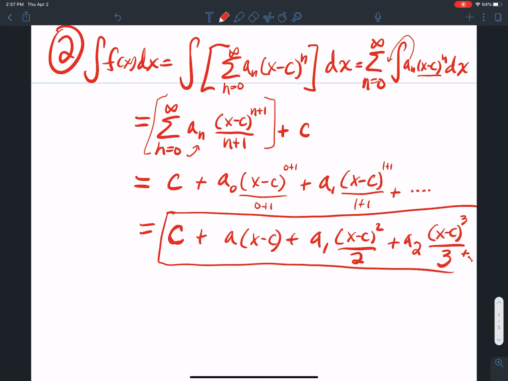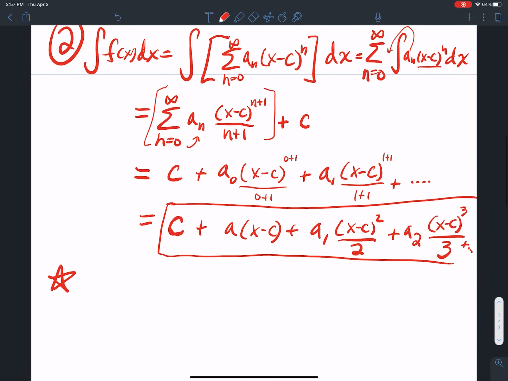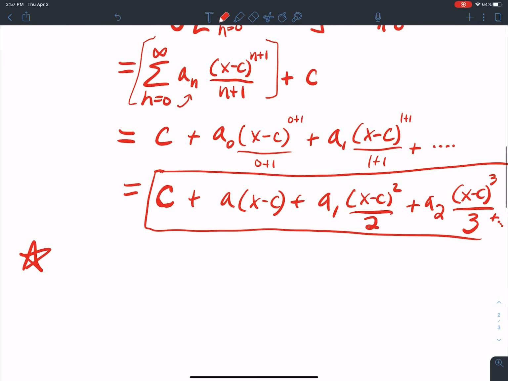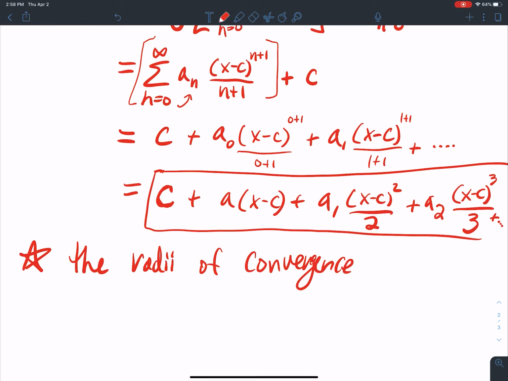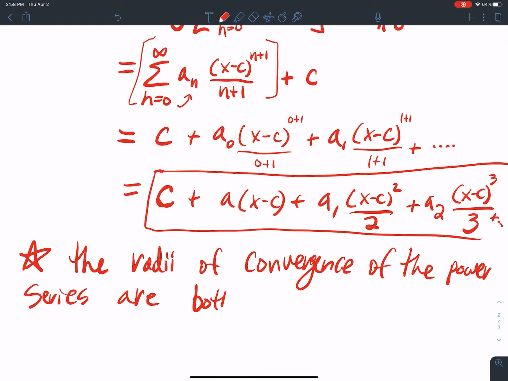Okay? So the key here to remember is that the radii of convergence of the power series are both r.